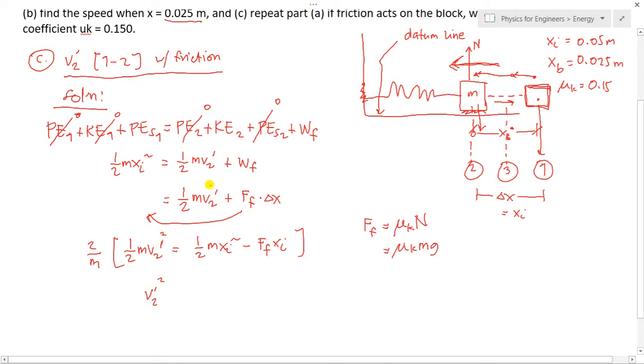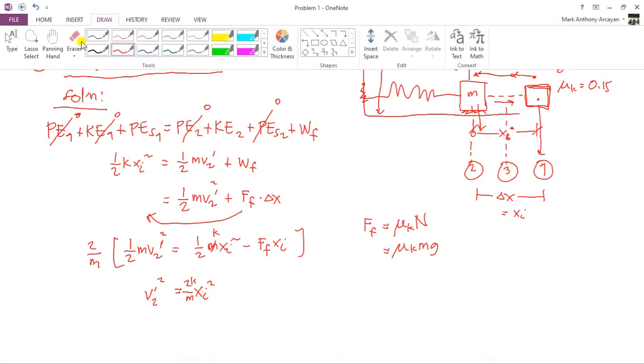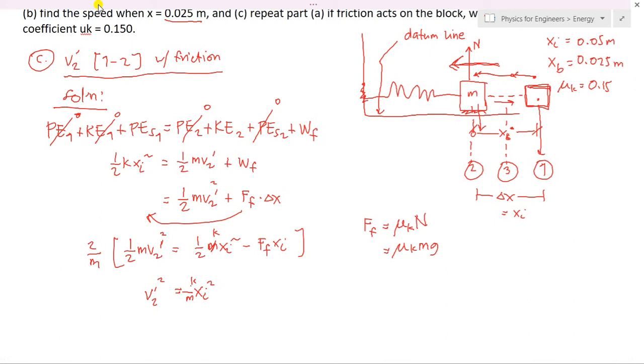So v2 prime squared is equal to k over m x sub i squared minus 2 mu k g x sub i. The m cancels, so we are left with g times x sub i.